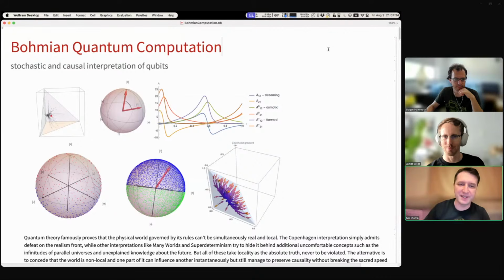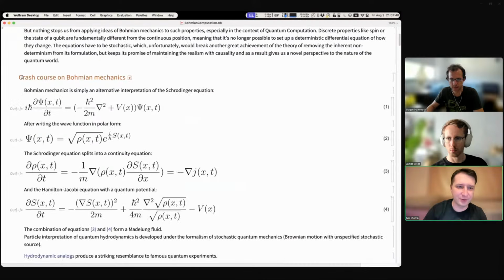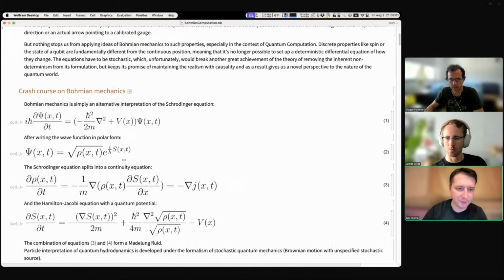But basically the topic is Bohmian computation, which is some kind of extension to Bohmian mechanics, one of the interpretations of quantum theory and quantum mechanics. I have a short crash course on the actual Bohmian mechanics in the post, mostly a bunch of visuals and of course a few formulas, which is just the Schrodinger equation and how you can convert it to Bohmian mechanics in the usual way.